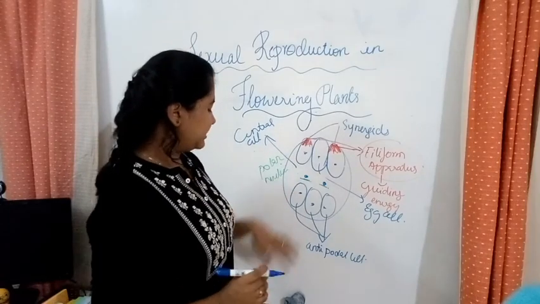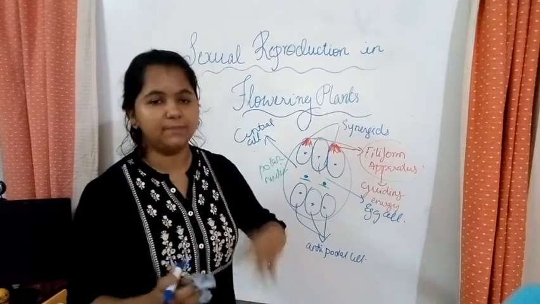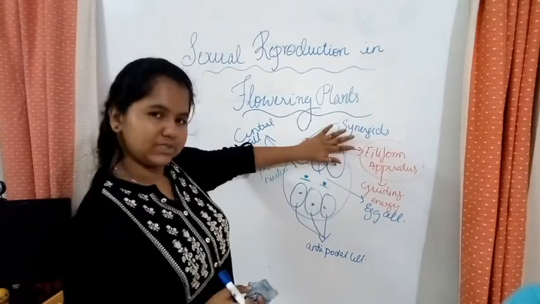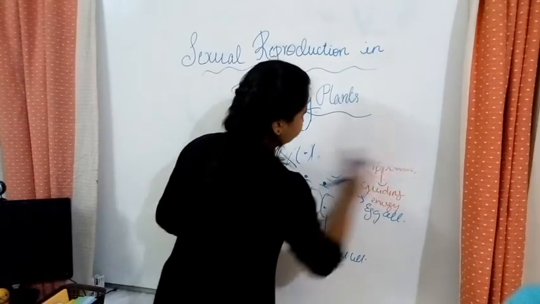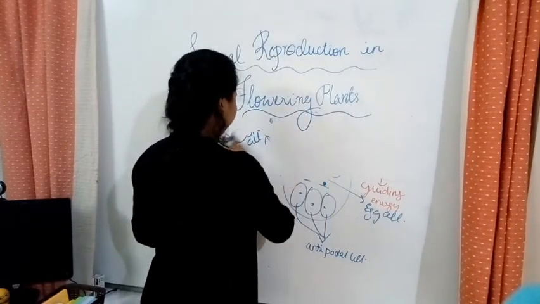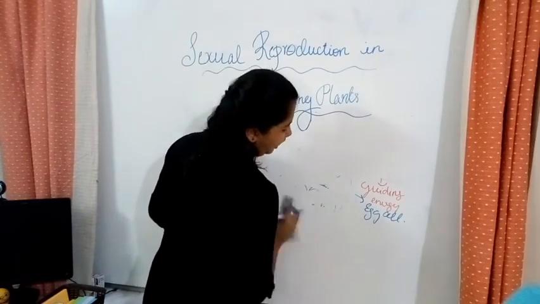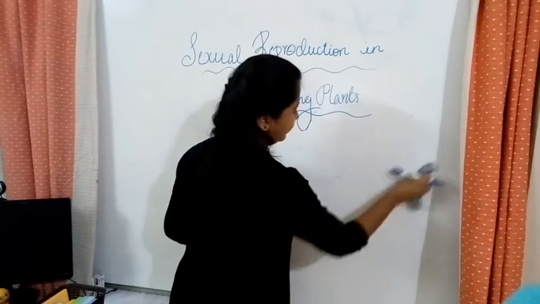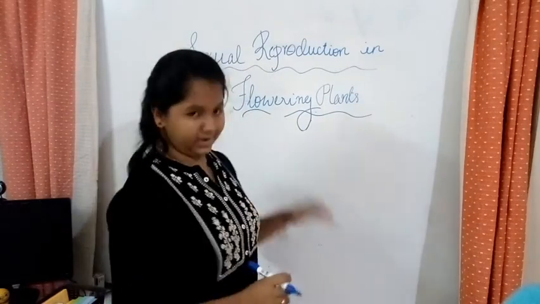Now we discussed it, so let's see how this same structure is placed inside the ovule. Is this portion coming at the chalazal end, or is that portion coming at the chalazal end? We'll see. When we draw the ovule, we draw the chalazal end and the micropylar end. Before that, I forgot to mention something.